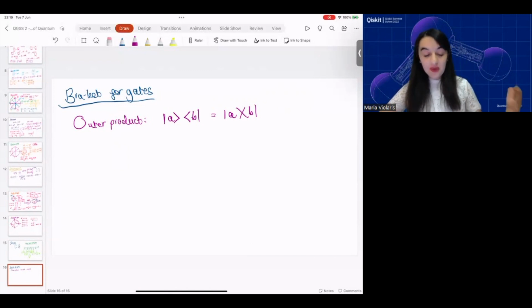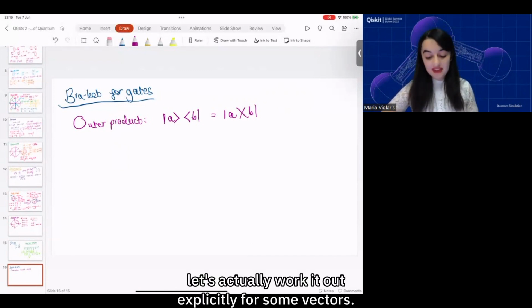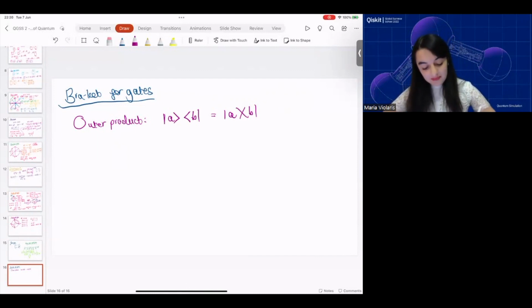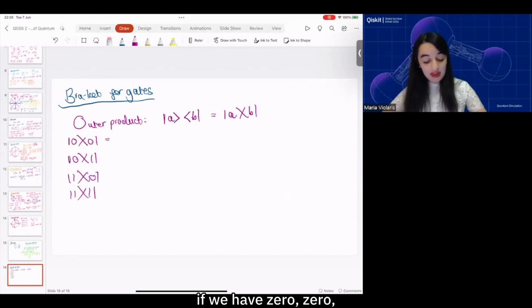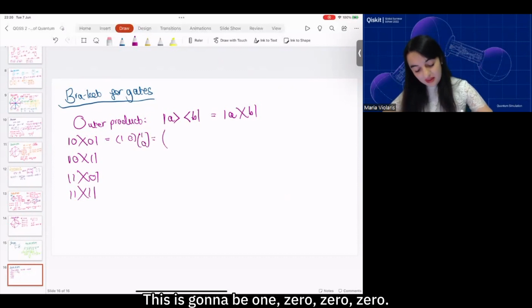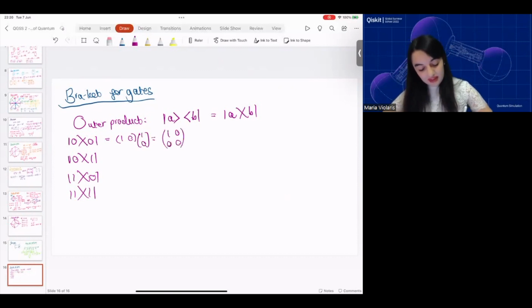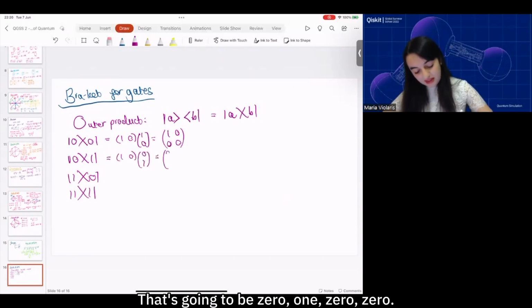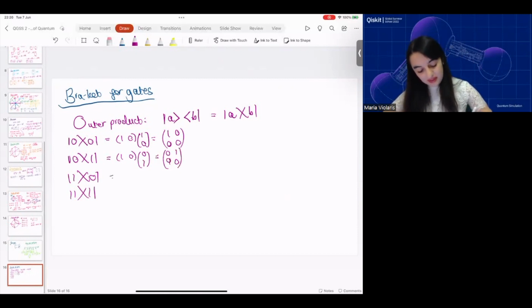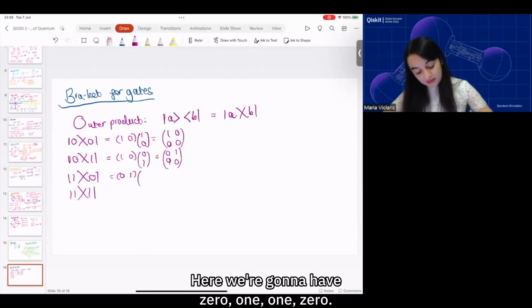to work out what it means, let's work it out explicitly for some vectors. Let's work it out for 4 cases: 0 0, 0 1, 1 0, and 1 1.